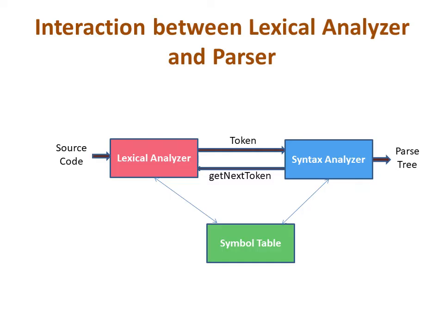Instead, it will just scan the first lexeme alone and send that particular token to the syntax analyzer. After receiving the token, if it needs the next token, the syntax analyzer will send the get next token command, and that will be passed to the lexical analyzer phase. It is going to scan the next lexeme. So that is how the interaction between the lexical analyzer and parser actually works.